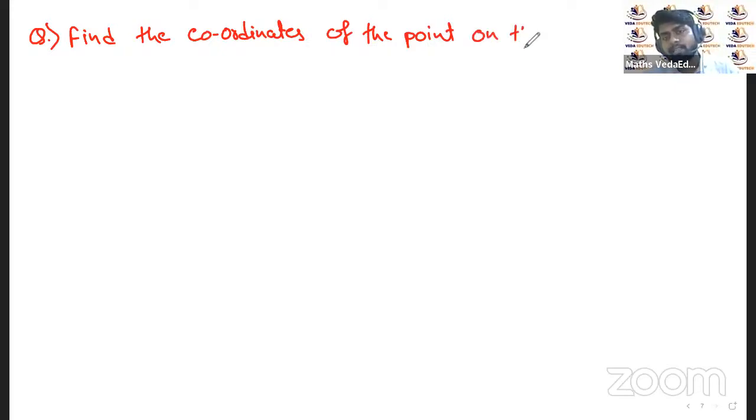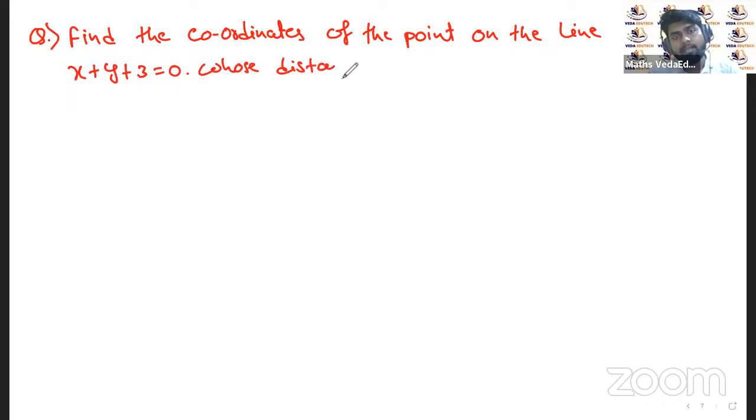The equation of the line is given, and it's given whose distance from the line, the second line, is x plus 2y plus 2 equal to 0.